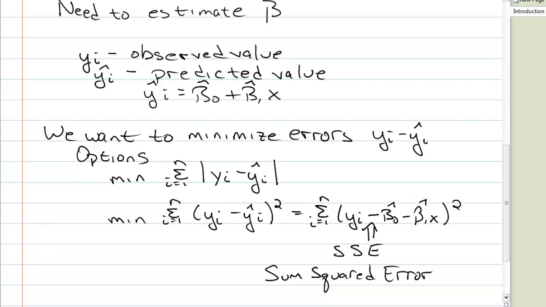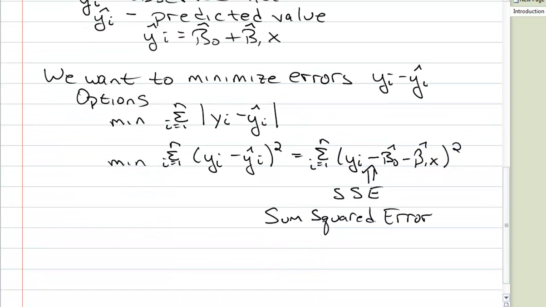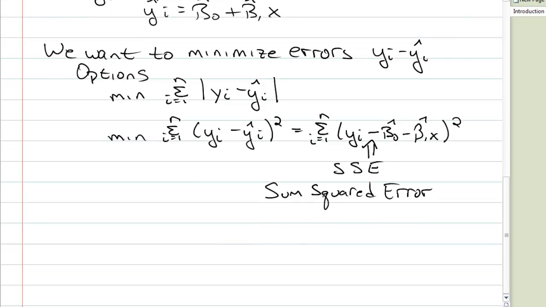Which makes sense. In the parentheses we have the error, we're squaring it, and we're summing it up. And we're going to minimize that. You take the derivative, set equal to 0. You have to take two derivatives, one with respect to beta naught, one with respect to beta 1. You get two equations, two unknowns, and you set them equal to 0 and solve them. And that's how you're going to get the estimates. And software will do that for us. Your textbook refers to the formulas that you need to calculate them.